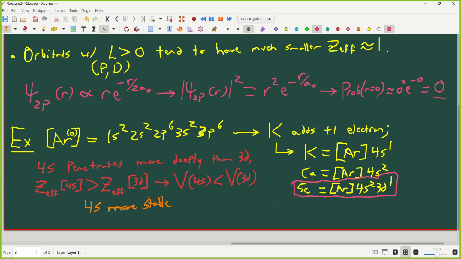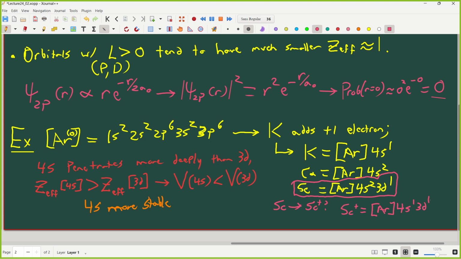What's the electron configuration for scandium plus? It turns out that when you do the analysis, scandium plus has a ground state of 4s1 3d1. It removes the s electron first.